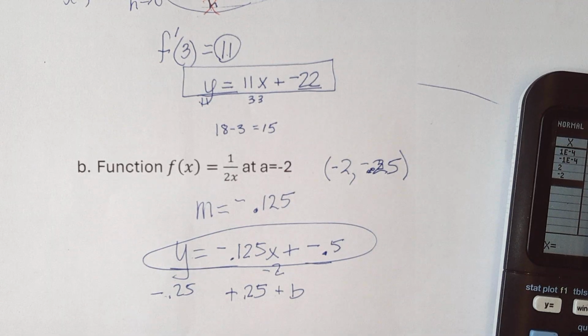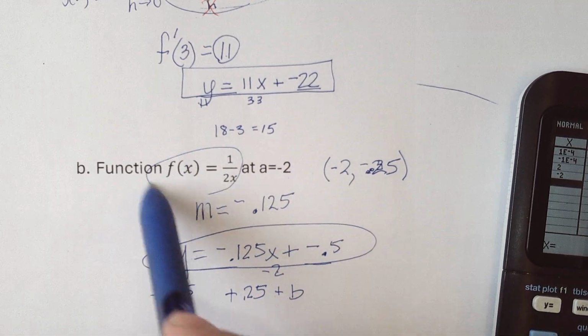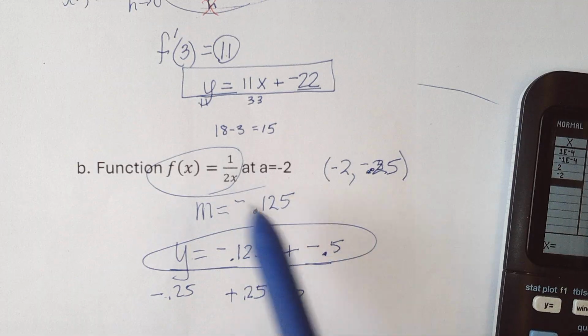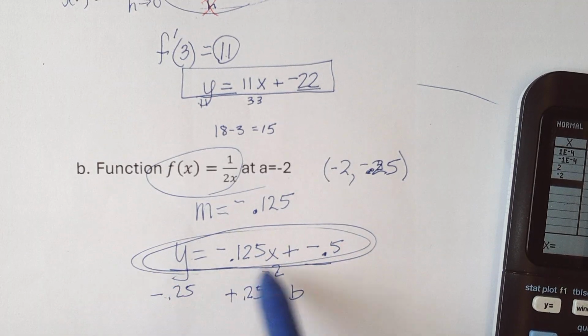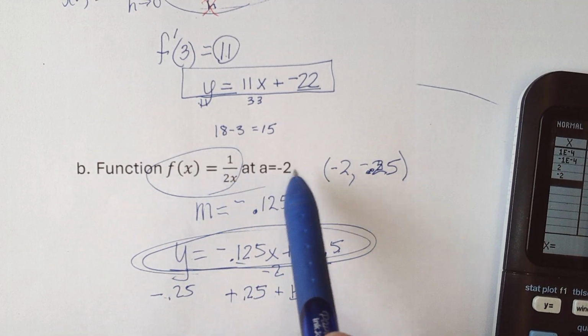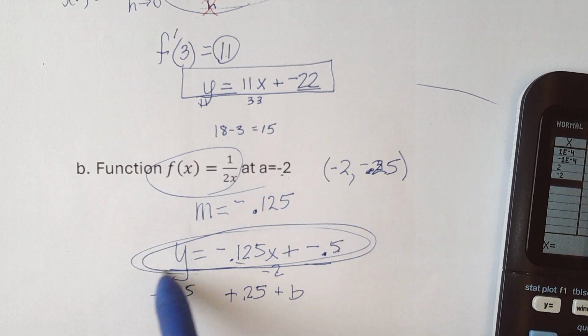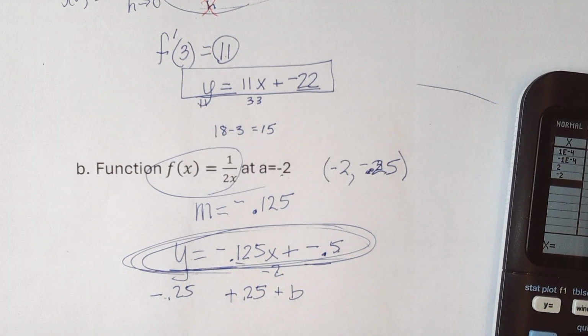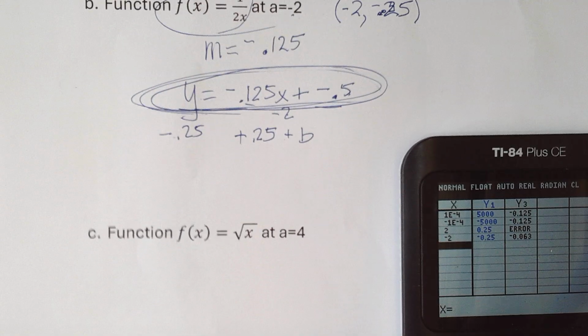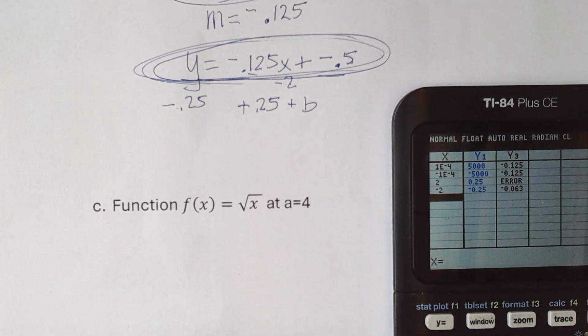And I could actually draw the graph of this line, and this line should touch this graph at negative 2 and be tangent to it. And let's do the final one.